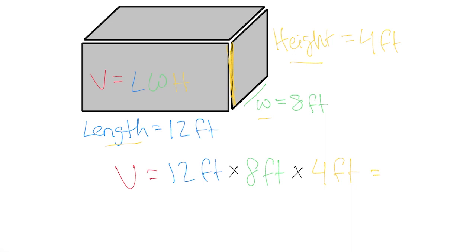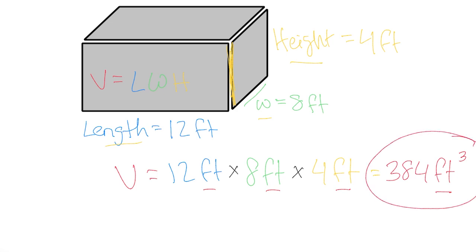When we plug that into a calculator, remember in our last problem we had the 96 feet, but now we're going to multiply that by 4 and get a value of 384 feet. But wait, this isn't just feet because we're multiplying 3 feet together. So it's feet cubed, or cubic feet. So 384 cubic feet is the volume of this water tank.